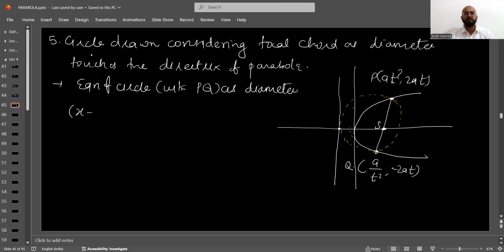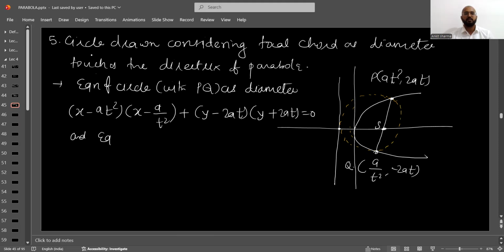Again, we can use the diametric form. So I have here x minus at square into x minus a over t square, plus y minus 2at into y plus 2a by t, equal to 0. And the equation of the directrix for this parabola.